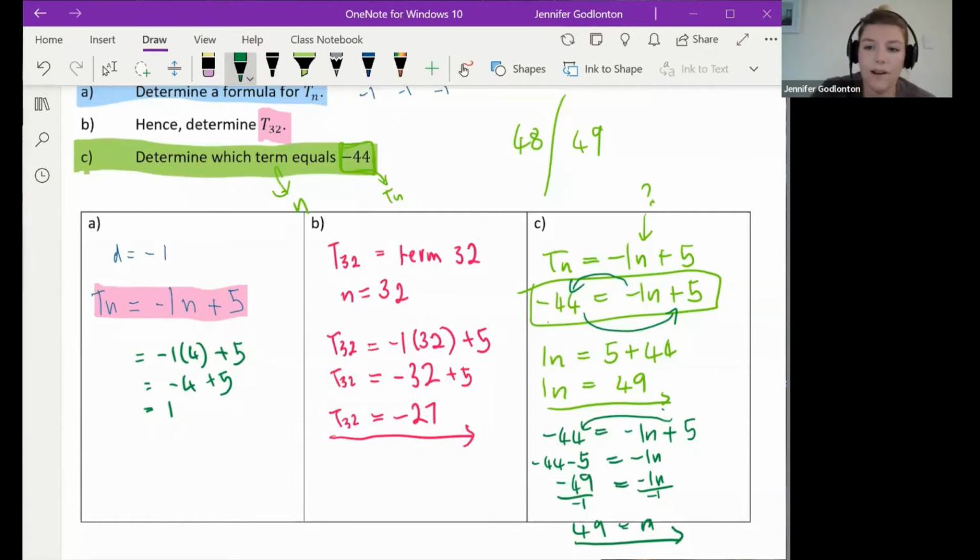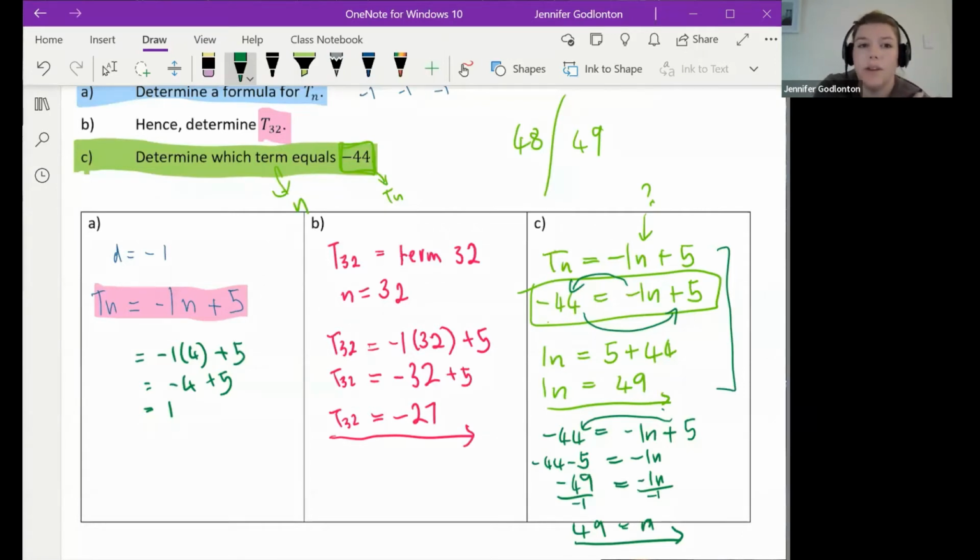So then you would have followed this light green version. Yes, ma'am. Totally fine. But my answer ended up being negative 49. Okay, but if you have positive 1n is equal to positive 49, and you're dividing that 49 by a positive 1, it's just going to be n is 49.